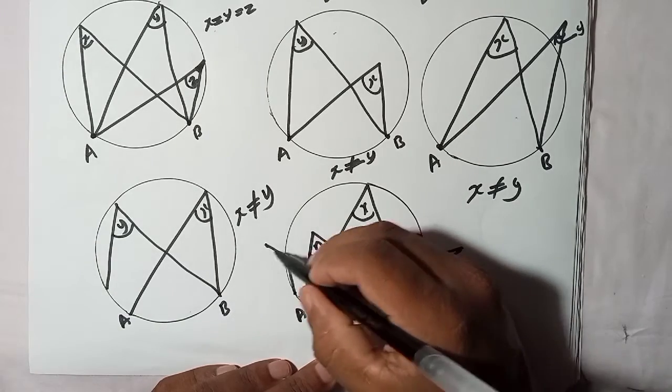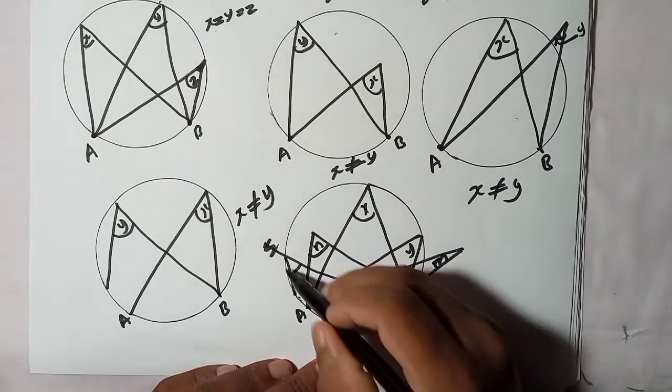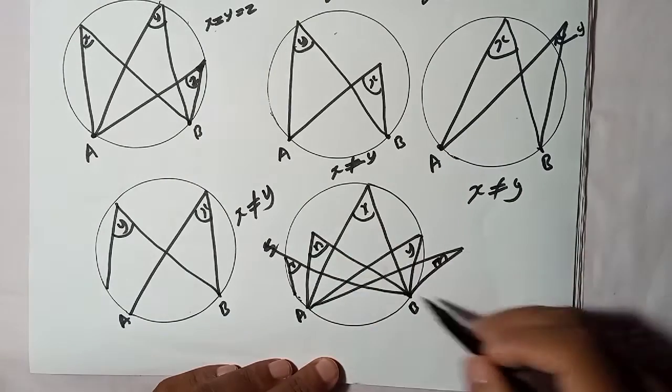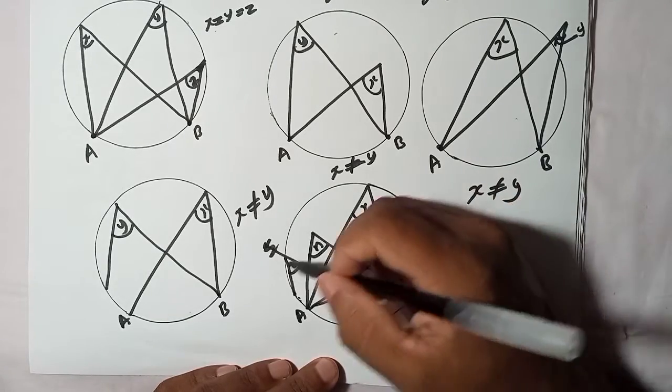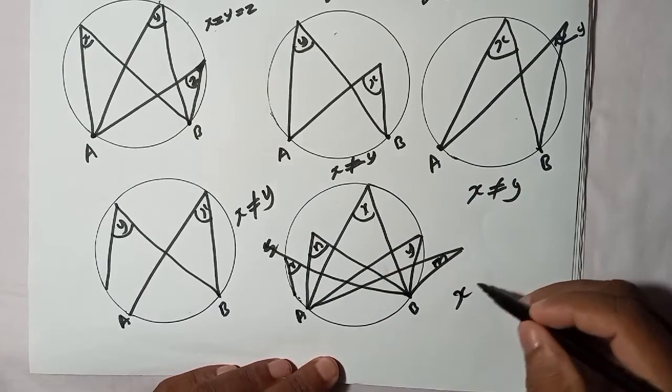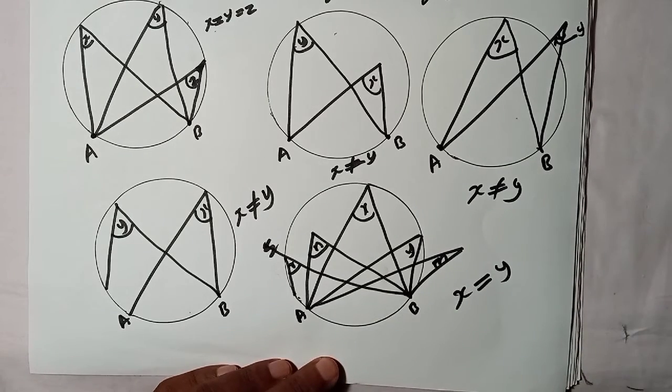Now this one I will call R. In this type of situation, only these two will be equal, x and y. All the others are not equal.